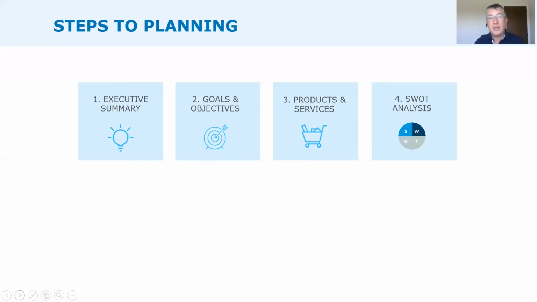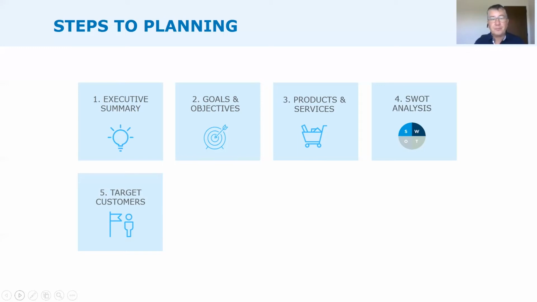So the SWOT analysis, also a fantastic tool to get other people to complete as a fresh set of eyes looking from a different perspective at your business. And if you could get 4 or 5 people to do that, you've got an absolute mountain of gold to work through.